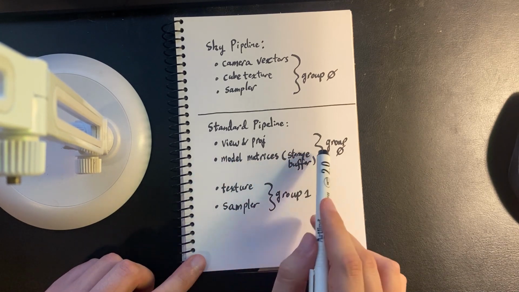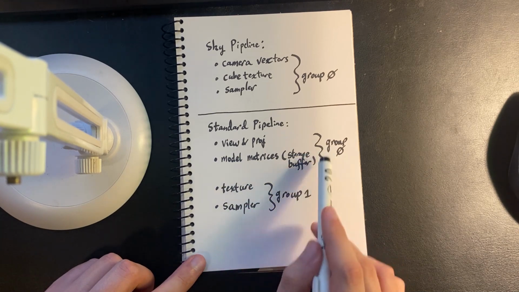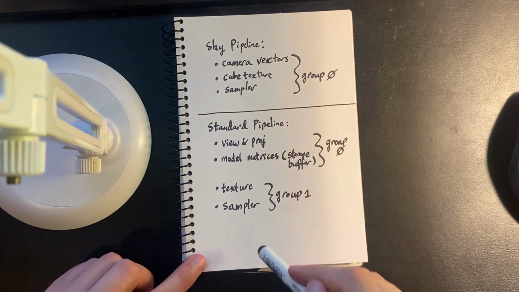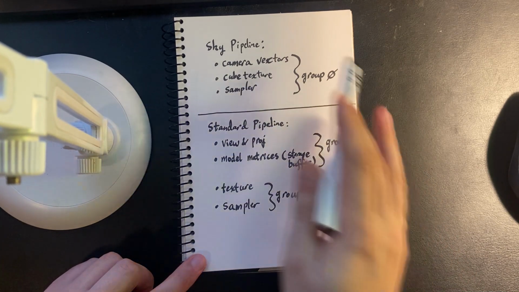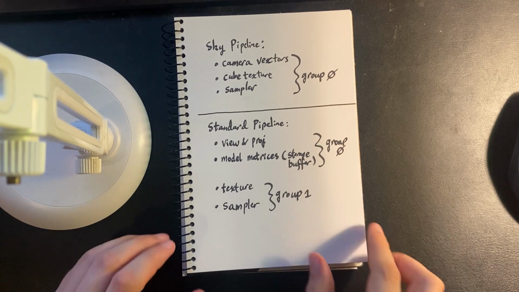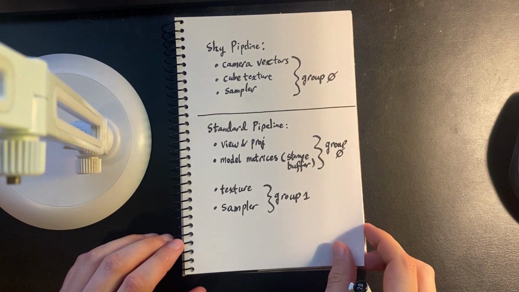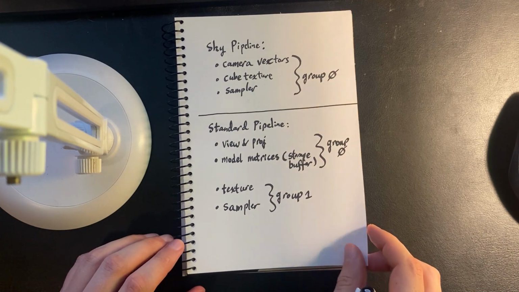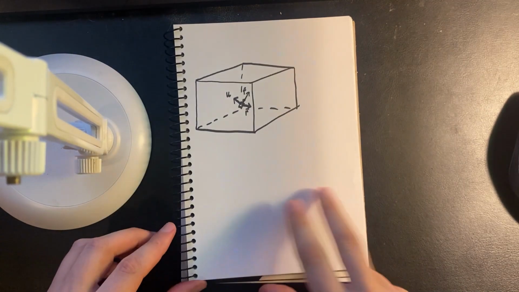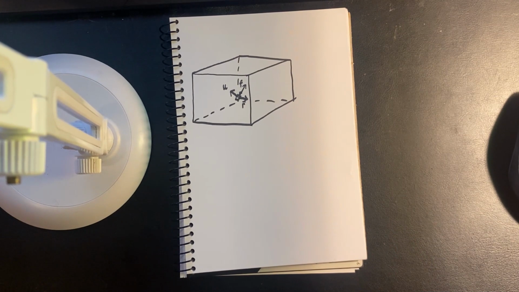So these bind groups have been set up according to the frequency of how often they're being bound and the different things. So this is just an overview of, again, the shape of the resources. If you imagine the flow of resources and how they're being used in the different pipelines, hopefully that will make the code make more sense should you want to dig into it. But okay, on to the actual stuff.